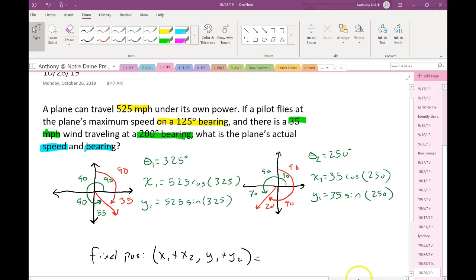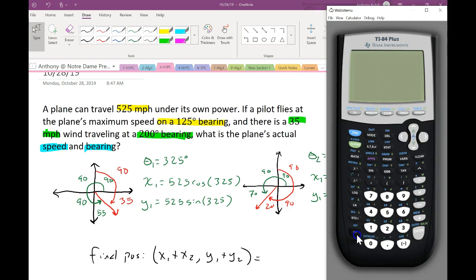So it's calculator time. I'm going to do 525 cosine 325 plus 35 cosine 250. But before I type this in, let's just check our mode real quick. I am in degree mode, so that should be good. Close one. And then I'll do the same thing except with sine.